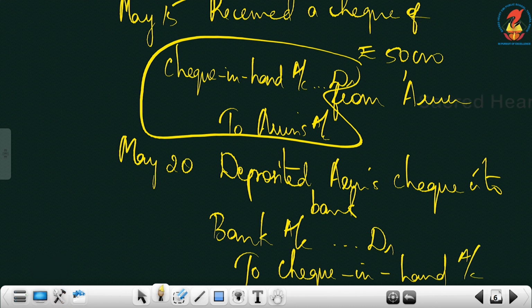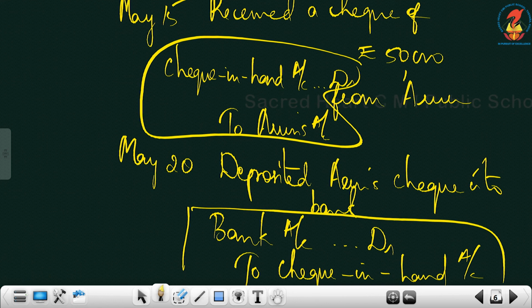If it is not deposited on the same day, like in this question, you have to do two entries like this. Or else, if the cheque was deposited into bank on the same day, suppose you received from Arun on May 15th, the same day you deposited into bank, what is the entry? Bank account debtor to Arun's account.